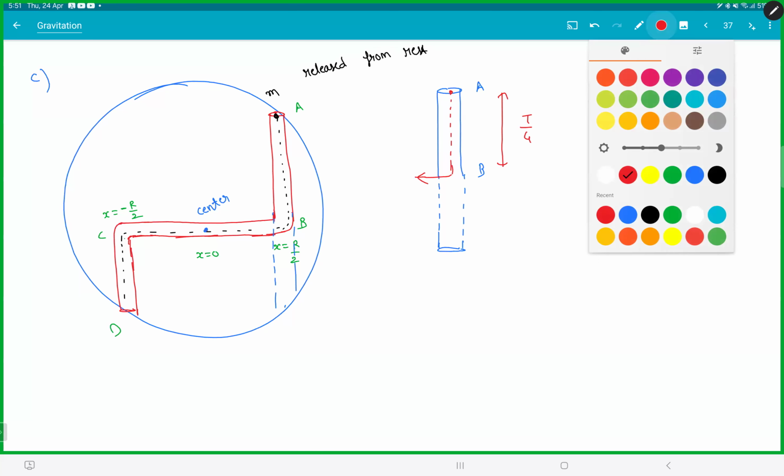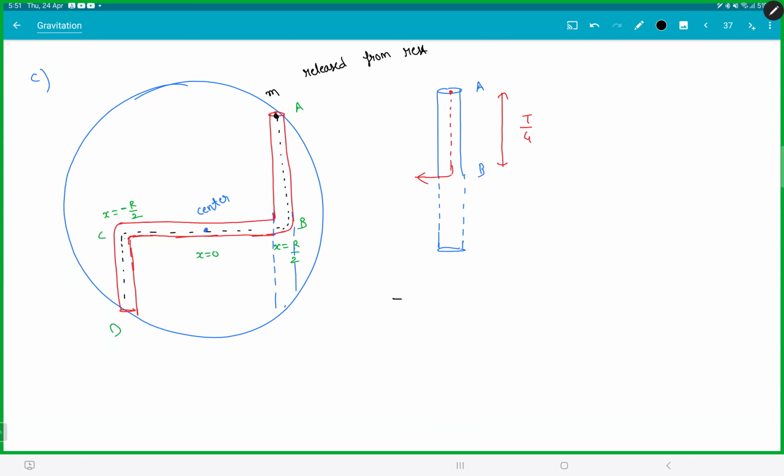That's the first part. Then the middle part of the tunnel. Suppose you had made a full tunnel. This would be x equals r, and this will be x equals minus r. So those are your extreme positions.